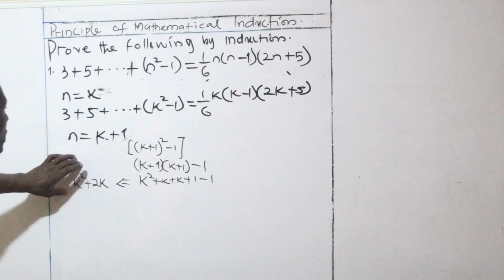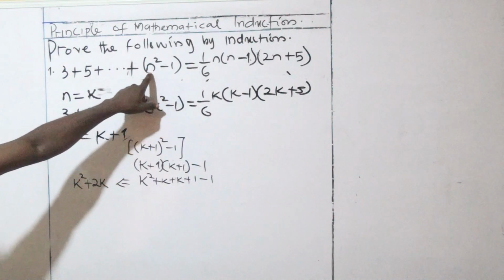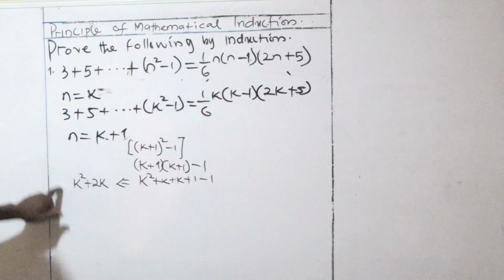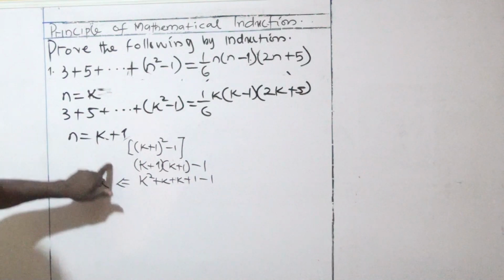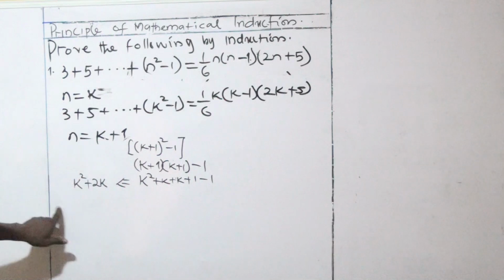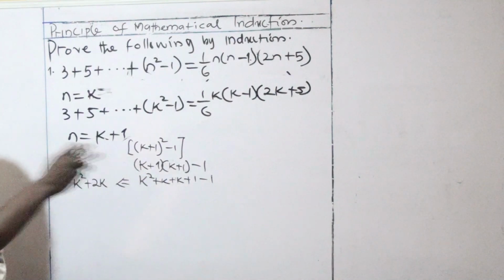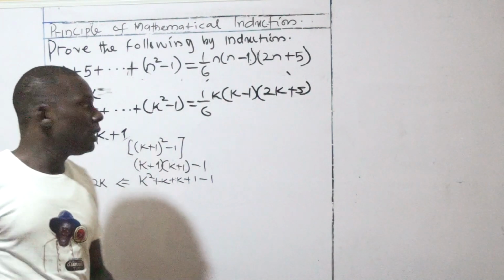So what we have just done here is that we put n equals k plus 1 in this place, and the result is this. So we have to take note of this result. This particular result that comes from this expression, we add it to both sides of the equation.